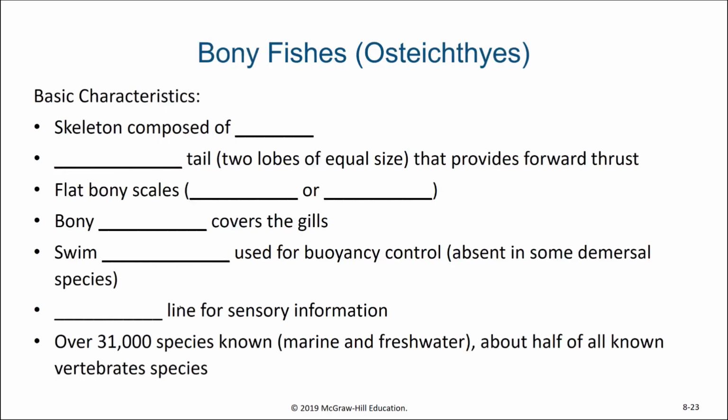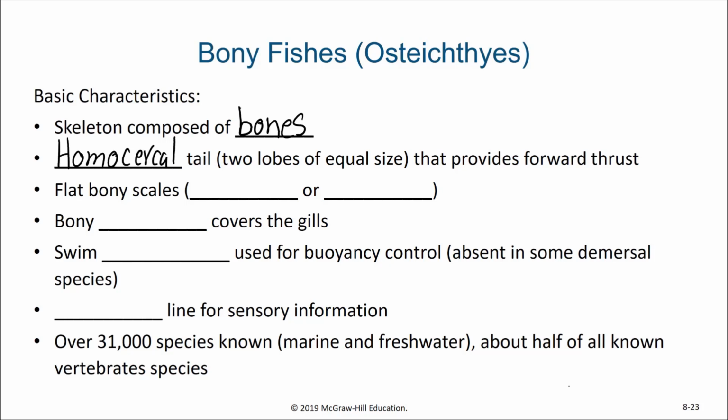The last group of fish that we'll be talking about are the Osteichthyans. They have a skeleton composed of bones. Now, most fish have a homocercal tail, meaning that the two lobes of the tail are equal in size, and this typically provides their forward thrust.